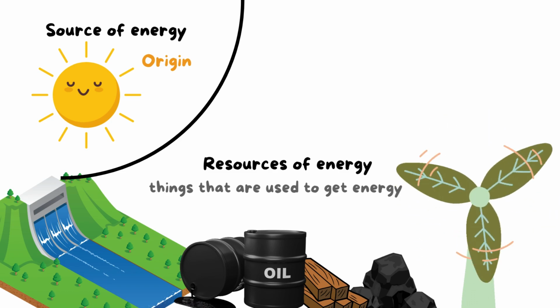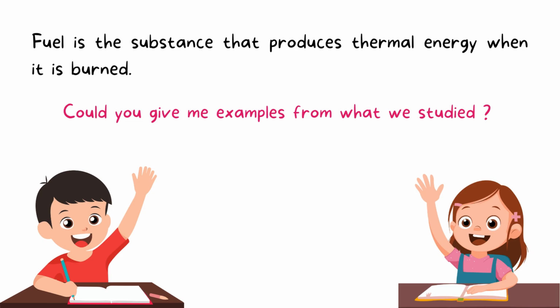Okay. Now we will talk about fuel, and we know fuel is the substance that produces thermal energy when it is burned. And we have many examples that we studied. Could you give me examples from what we studied? A substance that when we burn it, we get thermal energy.